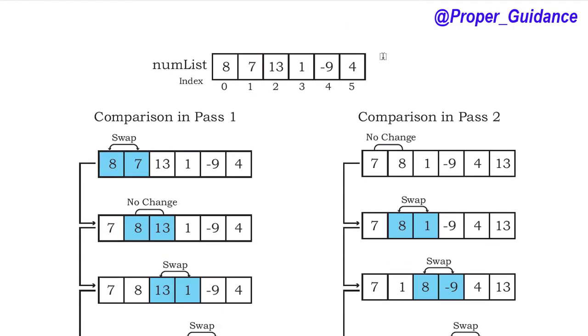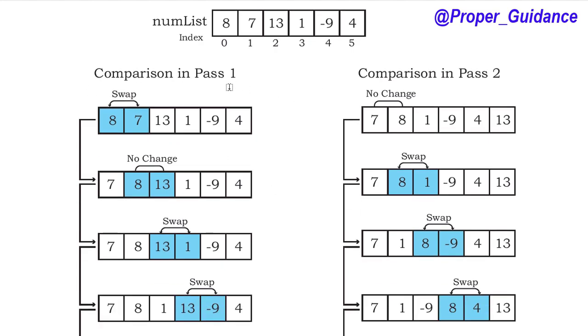There are 6 numbers, so the indices start from 0 and will be 0, 1, 2, 3, 4 and 5. The given numbers in the list are 8, 7, 13, 1, -9 and 4.